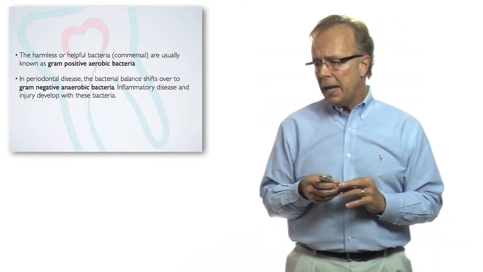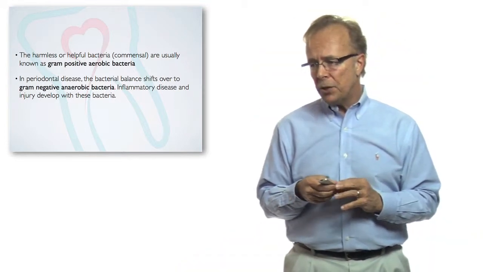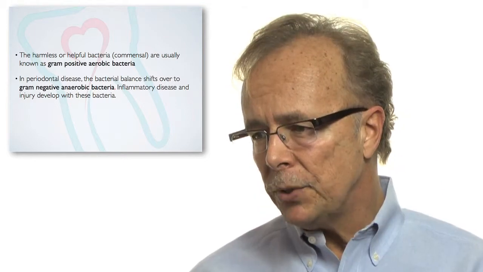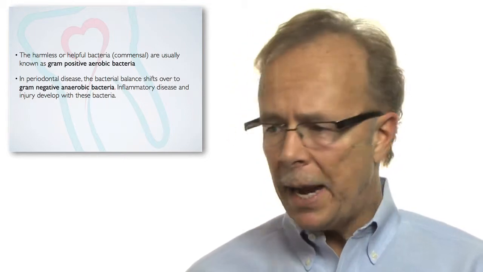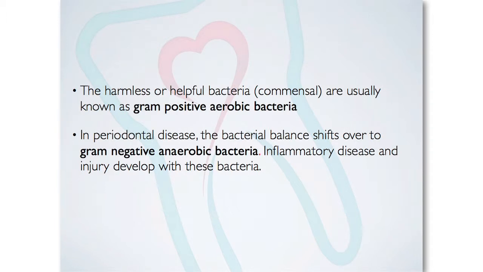Now, in periodontal disease, most of the ones that are causing problems are gram-negative anaerobic bacteria. And in periodontal disease, the bacterial balance shifts over to those, and inflammatory disease and injury develop. They're associated with periodontal disease of various forms, and also with overall inflammatory diseases.